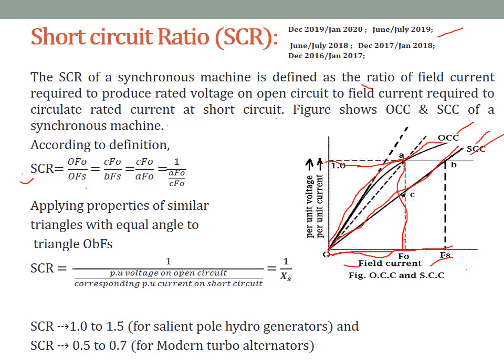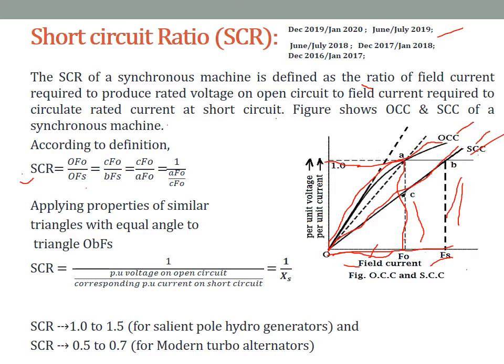So now OF naught divided by OFS. OF naught equals CF naught. Because of similar triangle properties, this ratio OF naught by OFS is equal to CF naught divided by BFS.